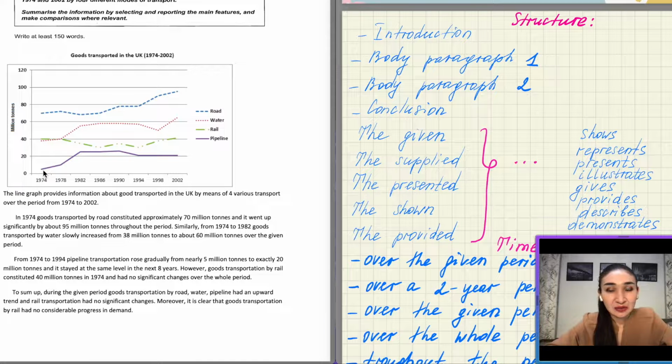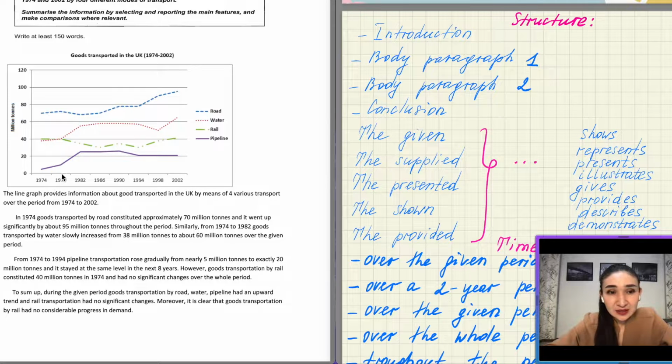In case of pipeline, it was at a low level and just increased, remained stable for a couple of years, slightly decreased, and remained constant till the end of this period.